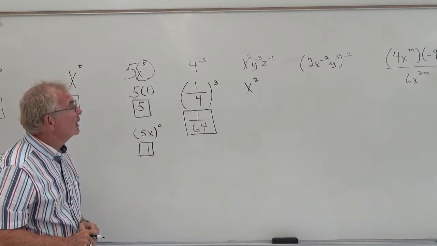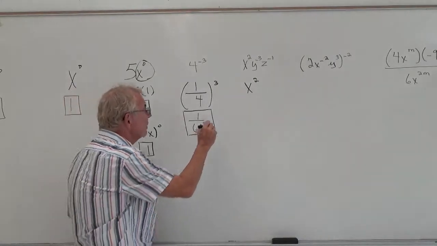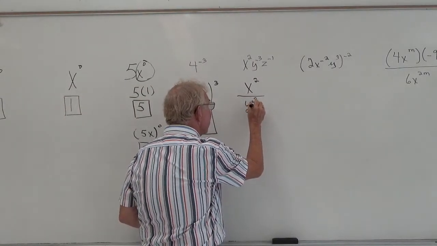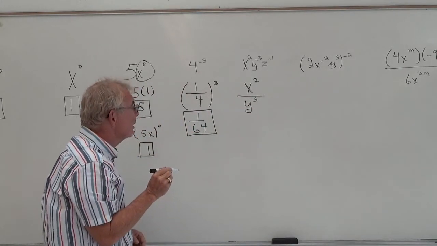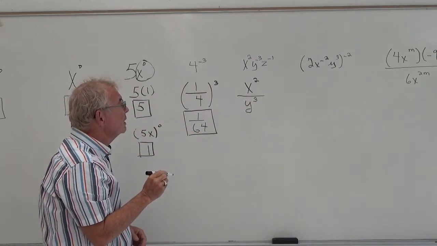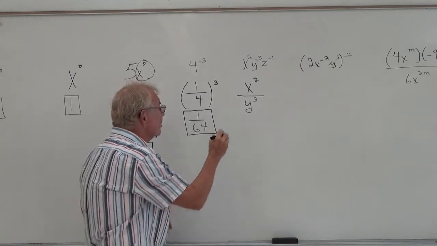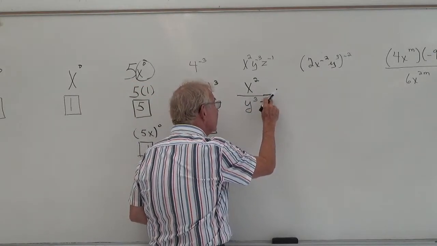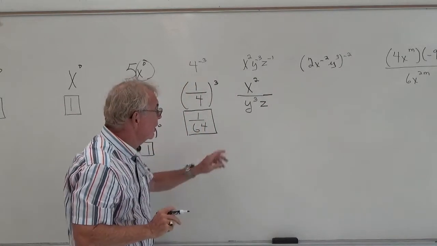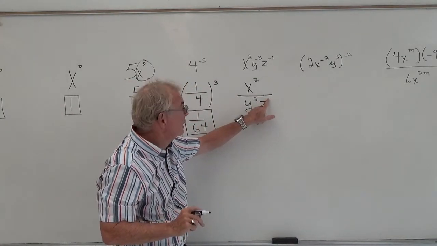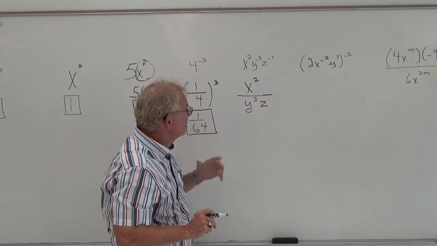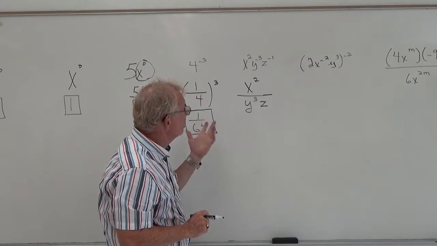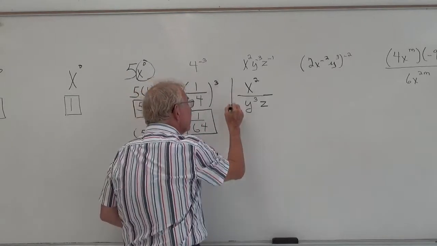So y to the negative 3, since it's a negative exponent, it would go downstairs, and you'd raise it to the positive power. Z to the minus 1, it would go downstairs, and it would be z to the first power. You could put the 1, but you don't have to put the 1. So that's your call, if you want to put that 1 there.